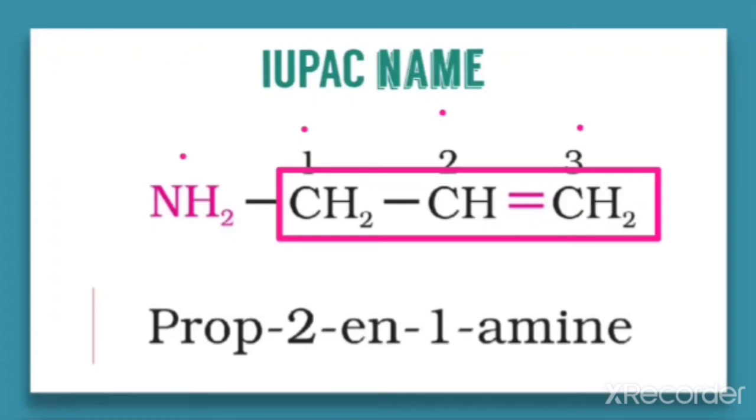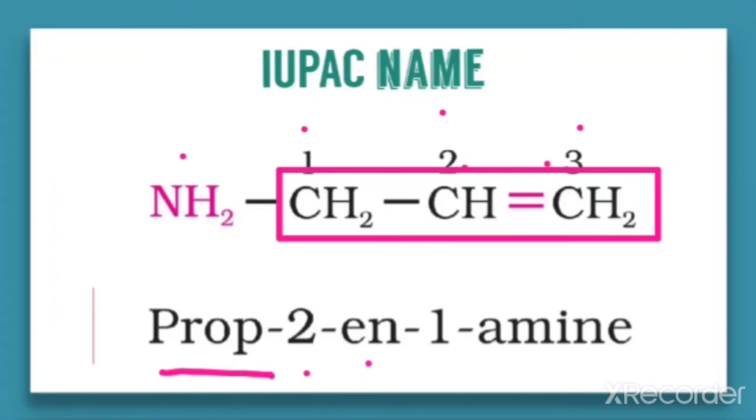Because here 3 carbon atoms are there in the main chain, we have to use the word root prop, and here there is a double bond between the second and third carbon, therefore we have to name it 2-ene. Why are we using ene? Because of the double bond, therefore 2-ene. The position of the double bond also should be specified, that is on the second carbon, therefore prop-2-ene.